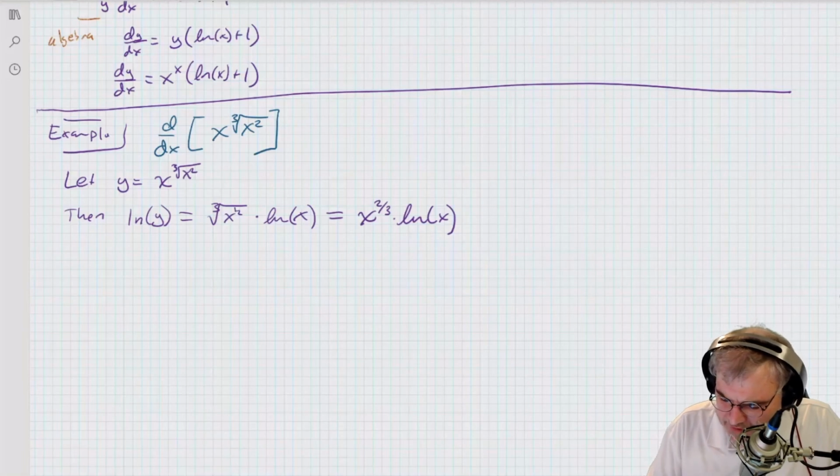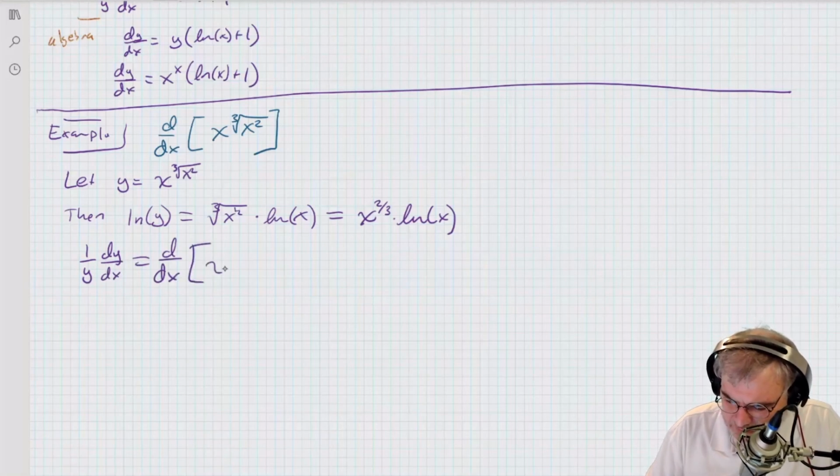Now I'm going to take the derivative of both sides, so I'm going to wind up with 1 over y dy over dx equals the derivative with respect to x of x to the 2/3 times ln of x. Well, that's going to be a product rule, not power rule. And I'm going to wind up with 2/3 x to the 2/3 minus 1.